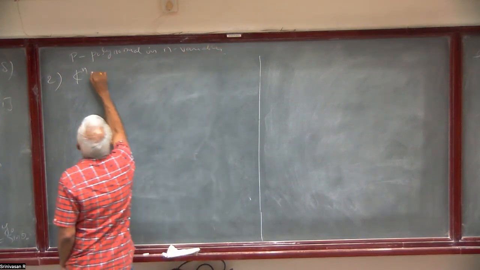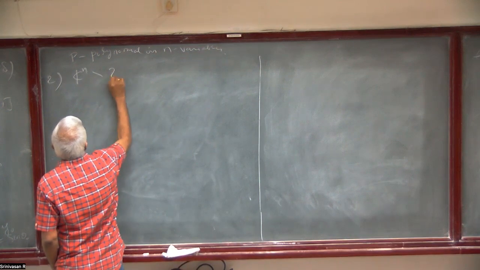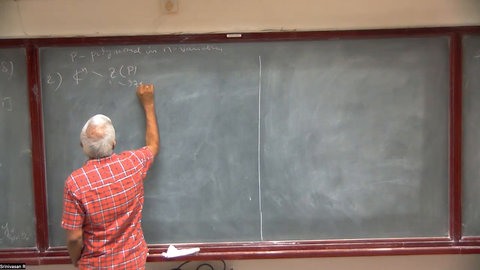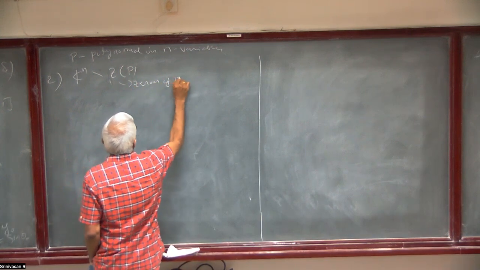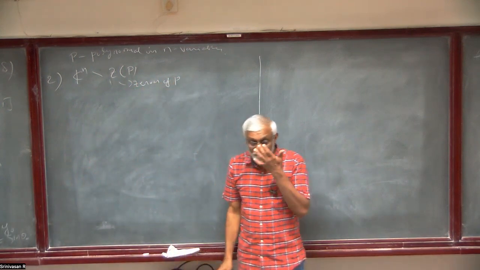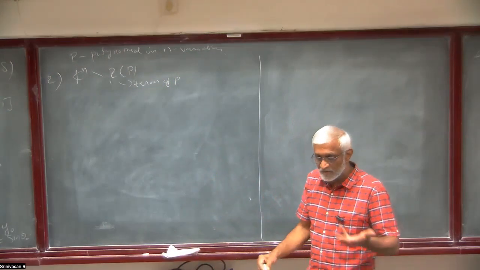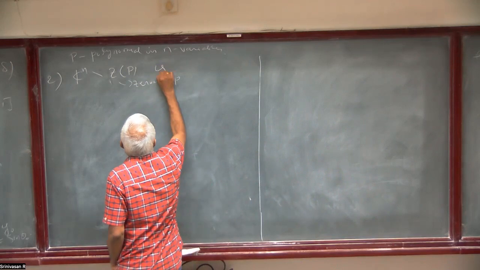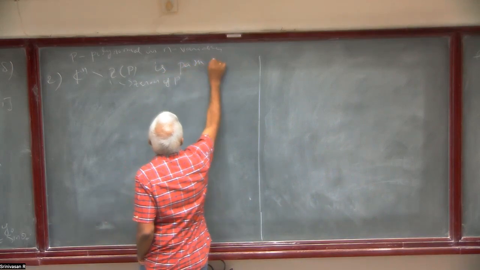Then C^n minus the zeros of that. We call it zeros of P. When it is a multivariable polynomial, then the zeros can be infinite. It can be uncountable also. This is path connected. That's what we want.